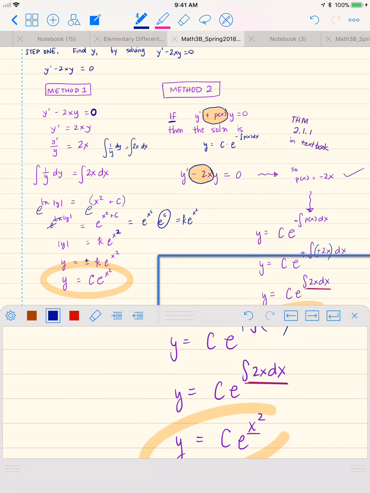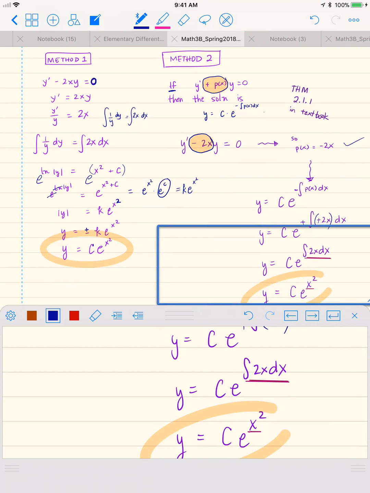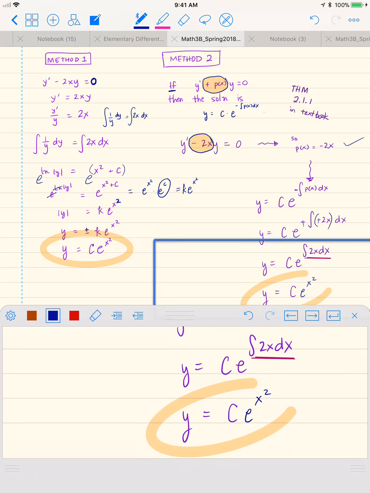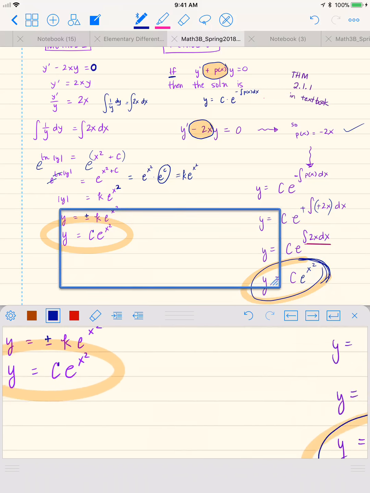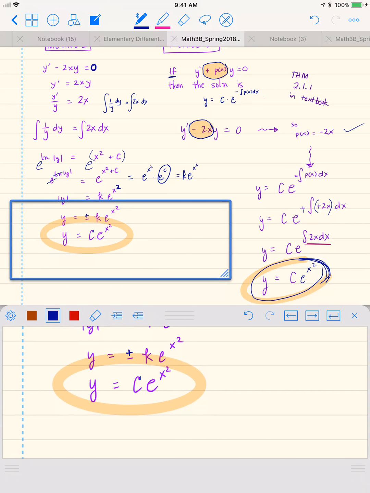The integral of 2x is just going to be x squared. So we just get e to the x squared, and our general solution ends up being y equals c times e to the x squared, which is exactly what we got from before.